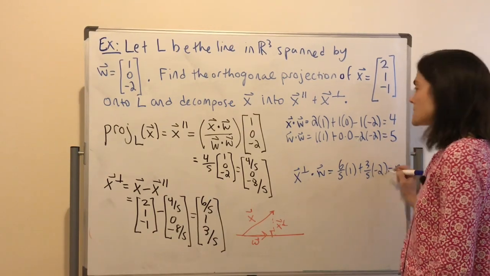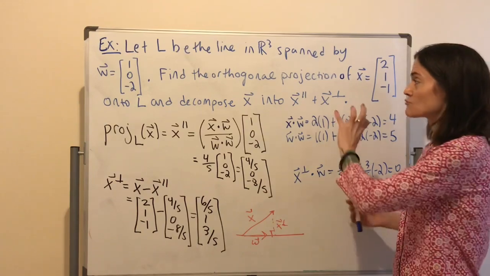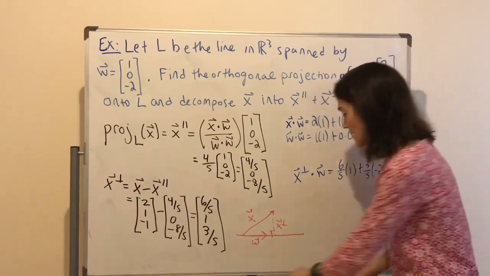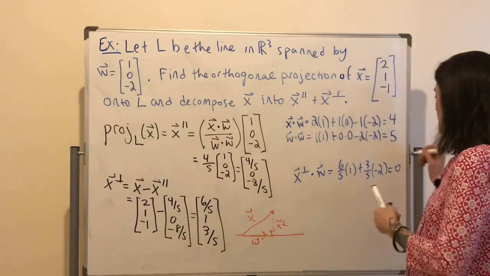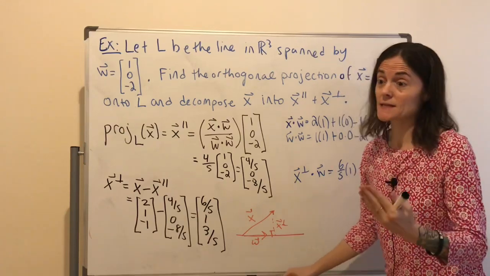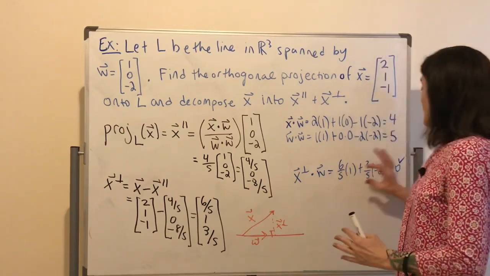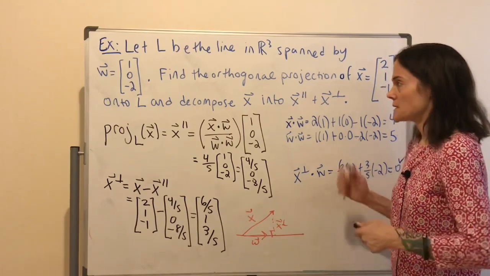In fact, you see, we get 0. And the decomposition, if we want to write it out exactly, would be, maybe I'll just put a check. You don't have to necessarily do that part, but it's a nice way to see if you've done something wrong. If I got 6 or 10 or something non-zero, I would know I made a mistake somewhere.